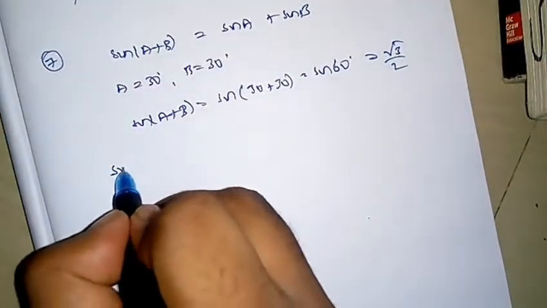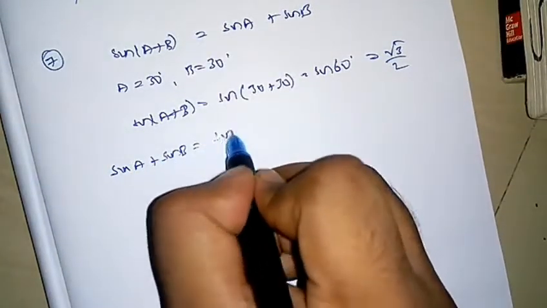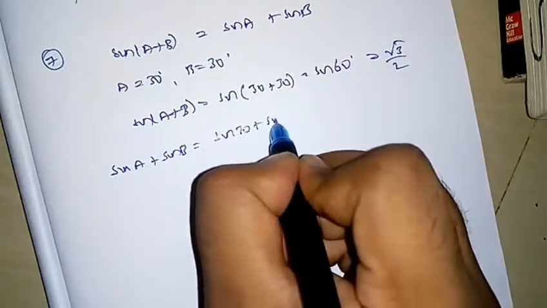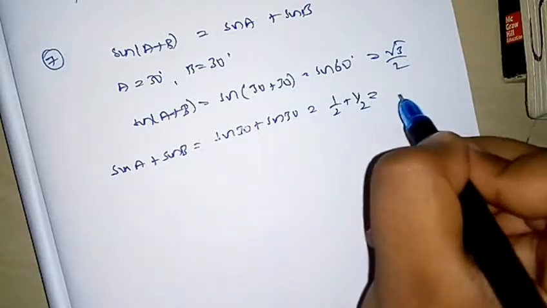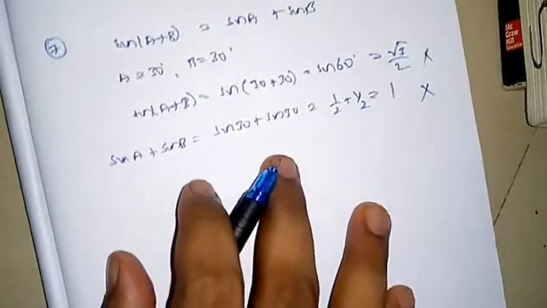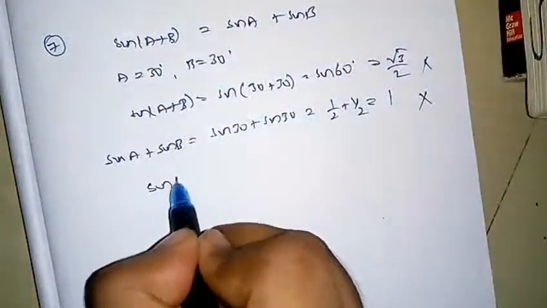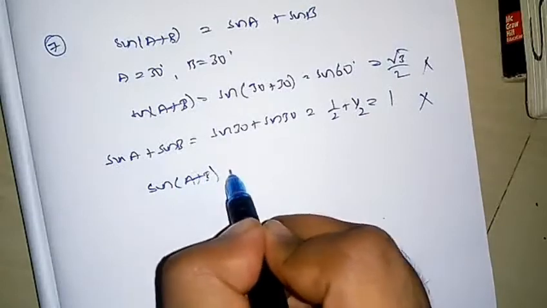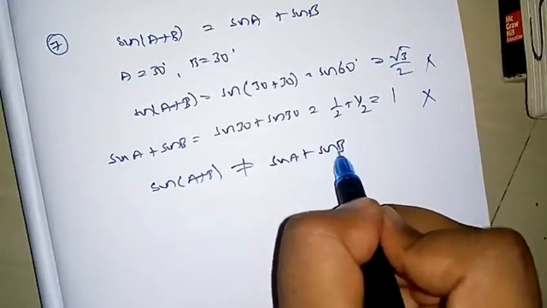Now sin A plus sin B will be equal to sin 30 plus sin 30, which will be equal to 1 by 2 plus 1 by 2, which will be equal to 1. So these two are not equal. So sin A plus B is not equal to sin A plus sin B.